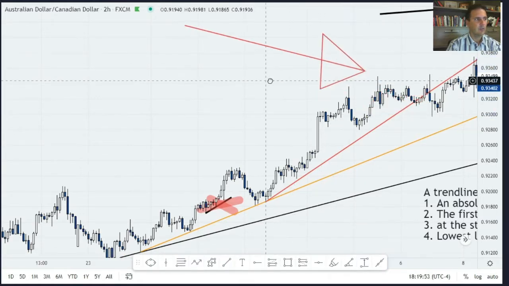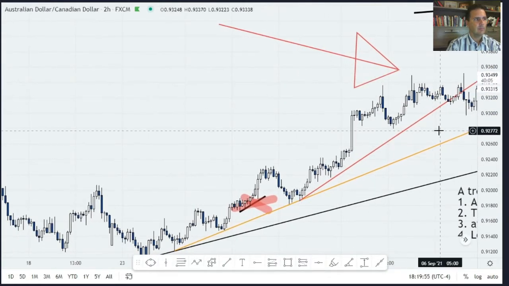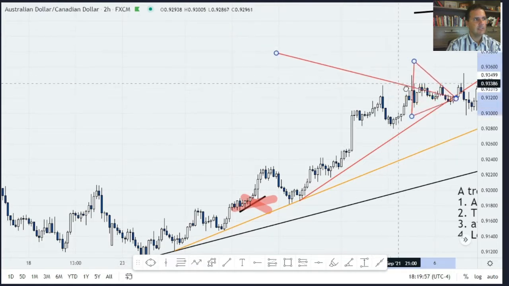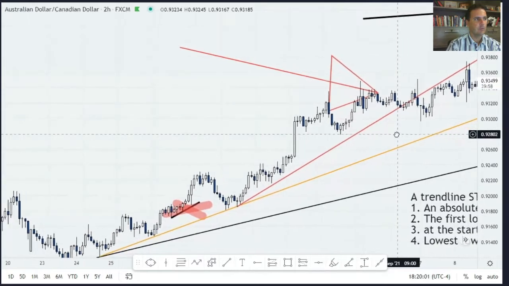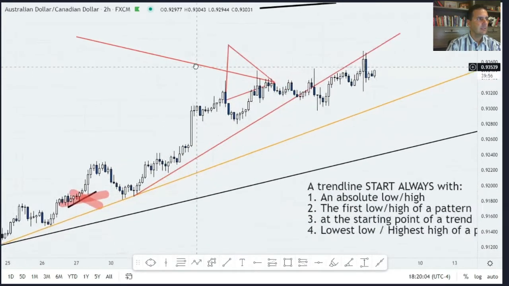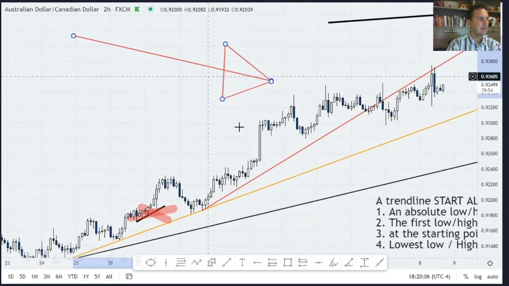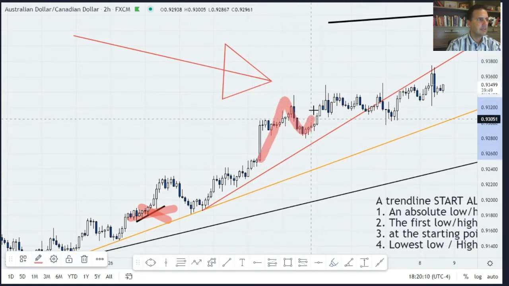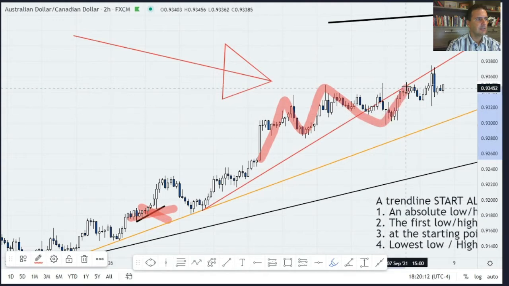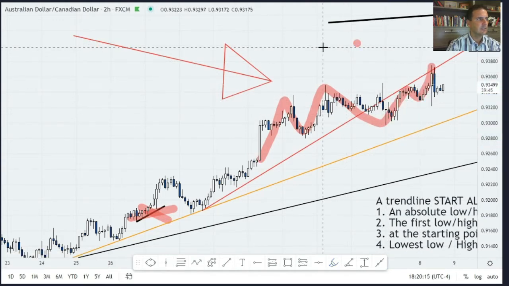So one more time, if this would be the case, the answer was yes, but then the market moved forward and it's continually making higher highs, higher lows. Okay, everybody?